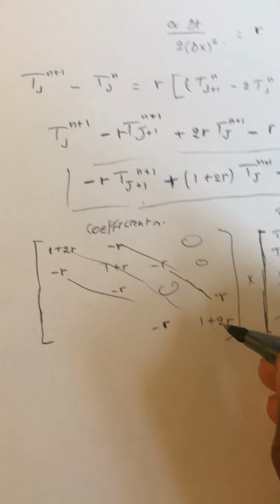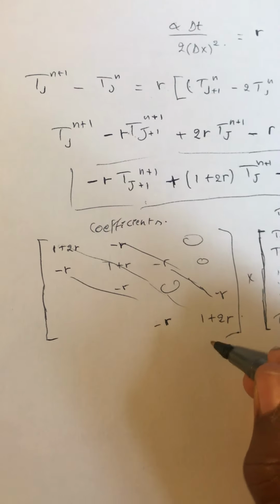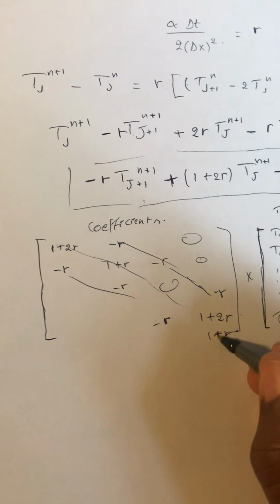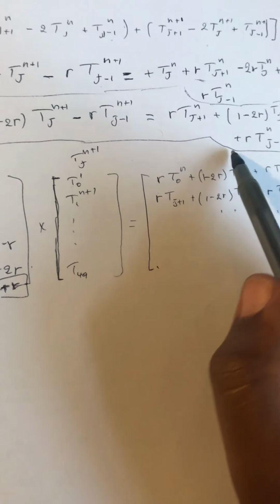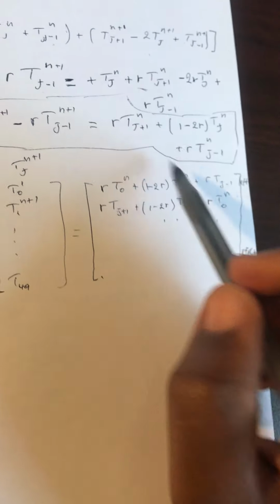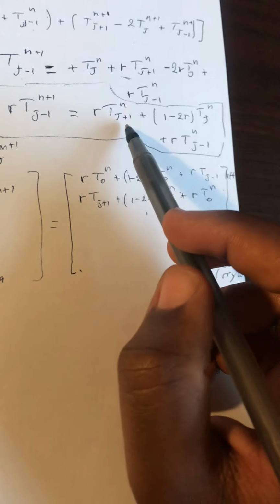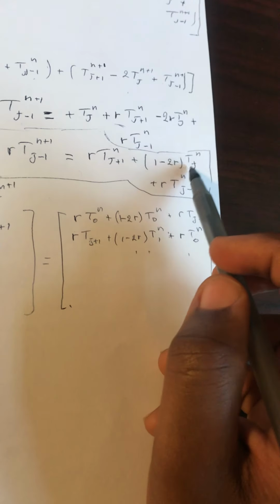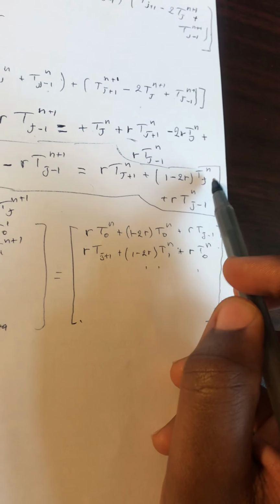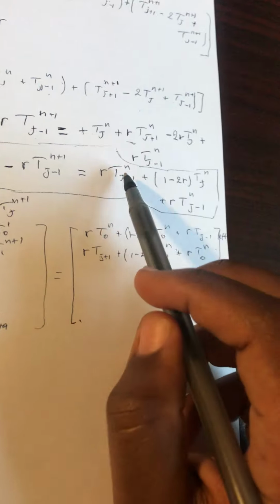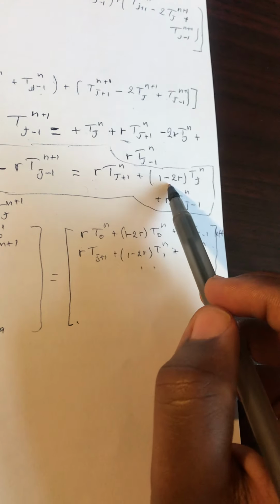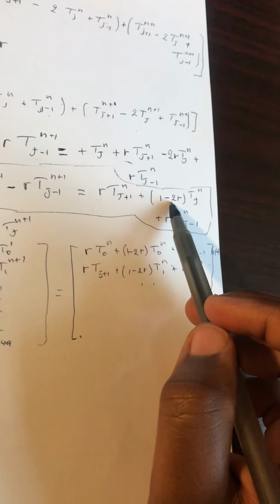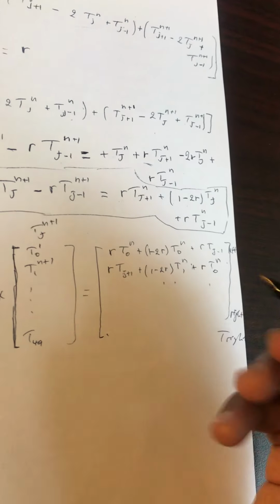So this side becomes 1 plus r. Okay, and on this side, same thing happens, where our rT_{j+1} and our (1 minus 2r)T_j to the n, these values are the same. So this r comes and adds itself on here, making it just 1 minus r.